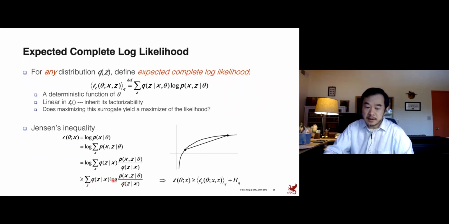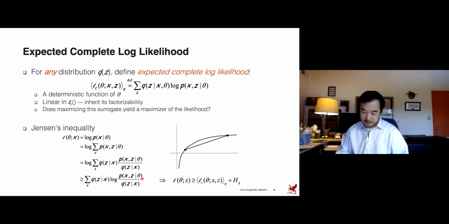Log of P of the complete likelihood divided by the Q of Z given X. Unfortunately, I don't have a pen here, but you can see this part is what?